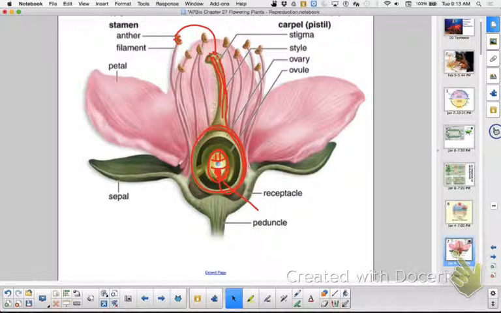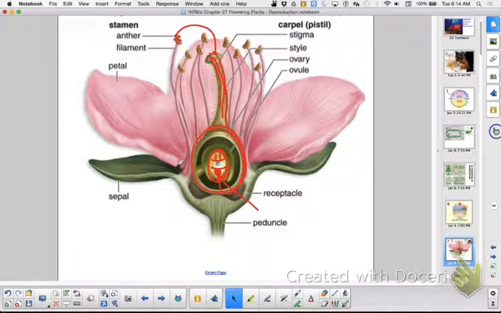And the flower produces two types of spores. Flowering plants produce two types of spores. They're heterosporous. By meiosis, the haploid microspore undergoes mitosis and becomes what? Pollen. And pollen is the male gametophyte.